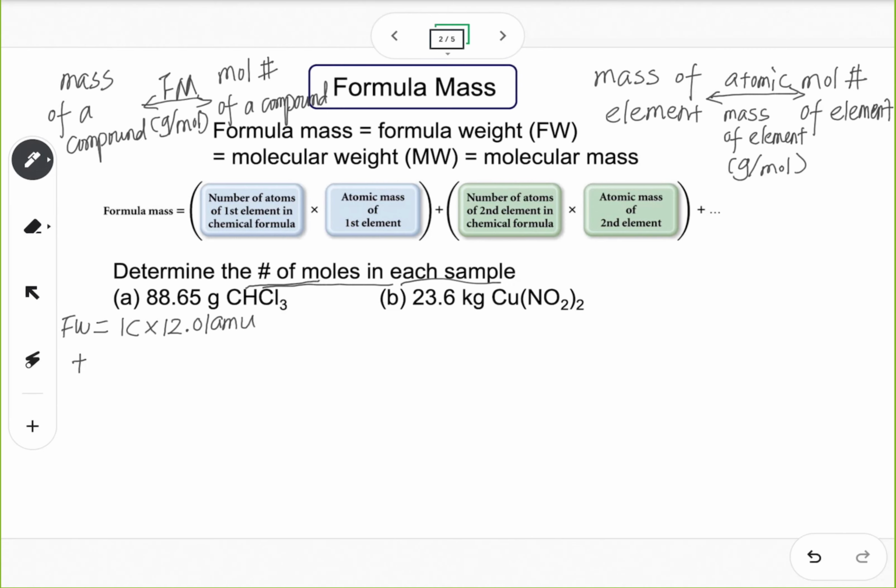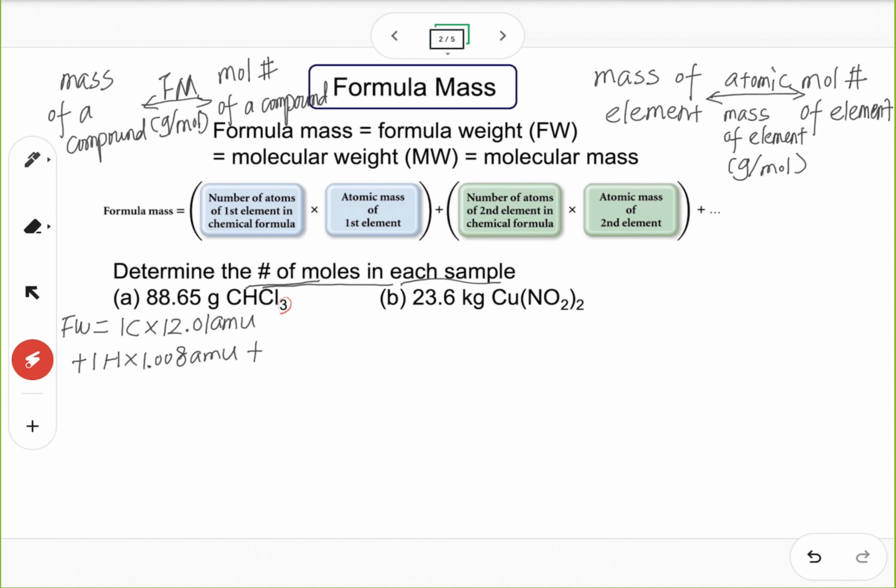And the second element, hydrogen. So we go to the second part. Remember, between the two parts, it's plus. That's why I have plus here. Now 1 hydrogen times the atomic mass of hydrogen, that is 1.008 AMU. All right, third element, chlorine. You have 3 chlorine.